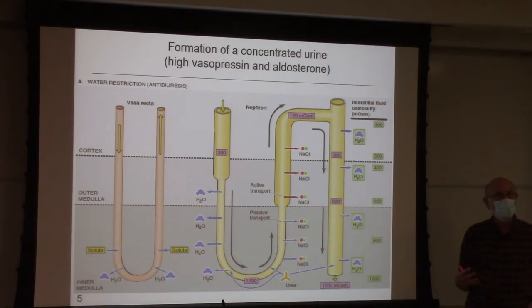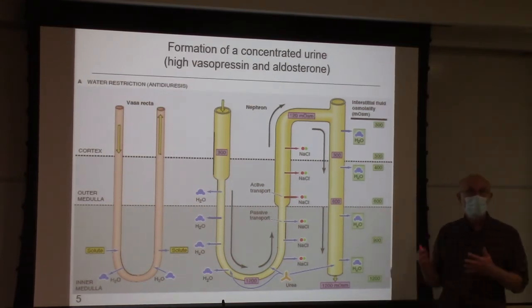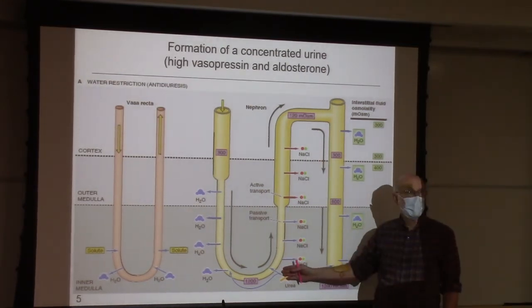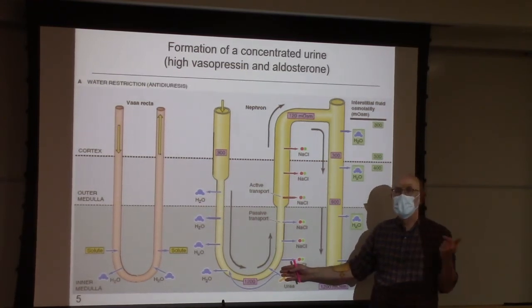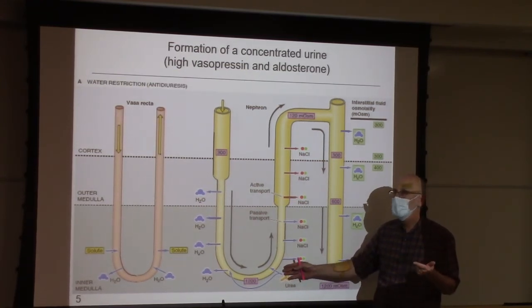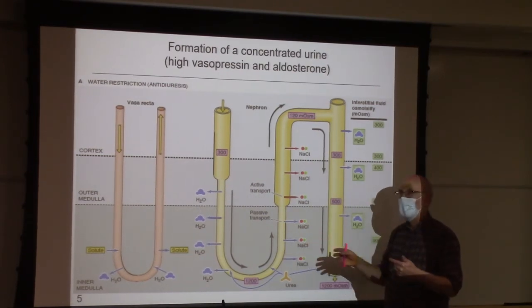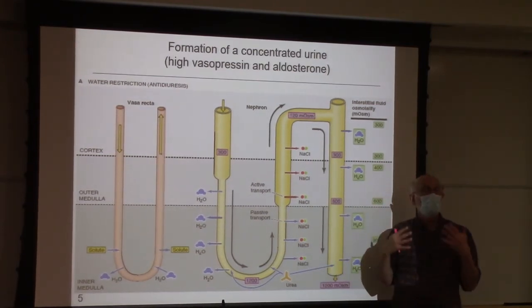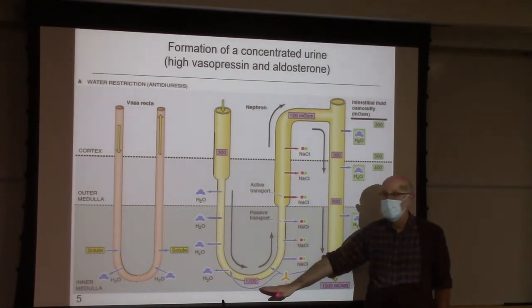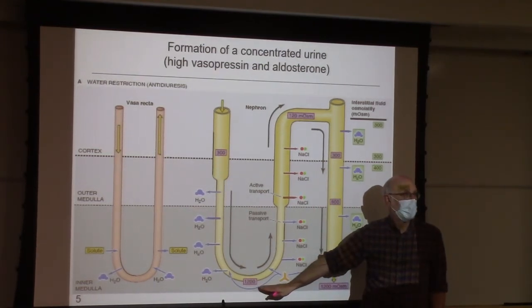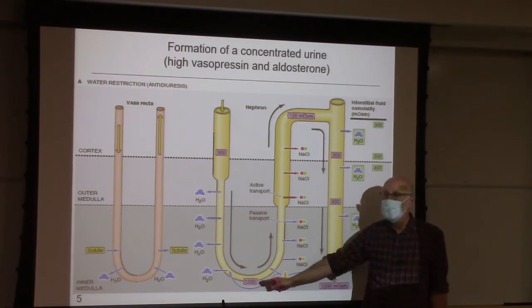So the difference is aldosterone builds more pumps, sodium potassium ATPase, sodium chloride 2 cotransporter, more of the countercurrent multiplier mechanism, builds a steeper gradient, a higher concentration here.